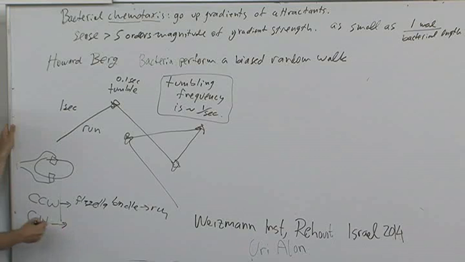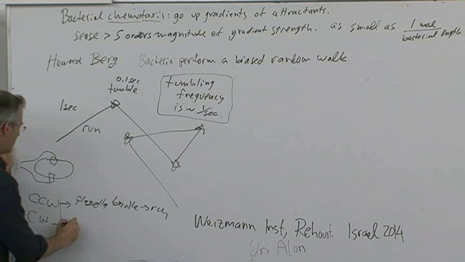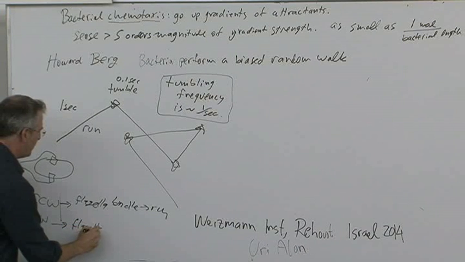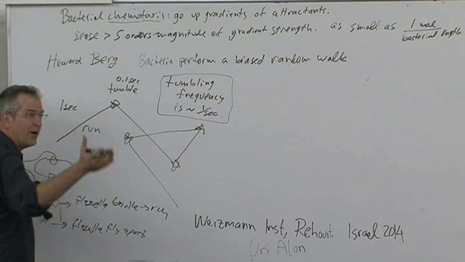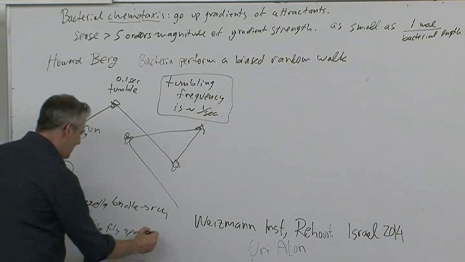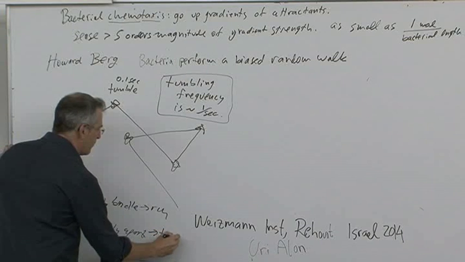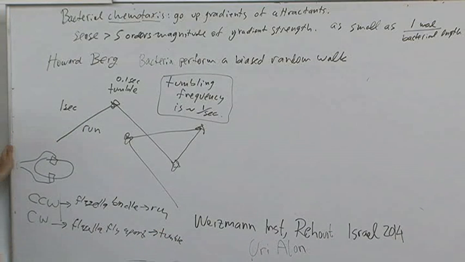But when even one motor flips to clockwise, that disorients the bacteria. That makes the flagella fly apart, and that makes a tumble. So that's how the bacteria can switch between runs and tumbles.